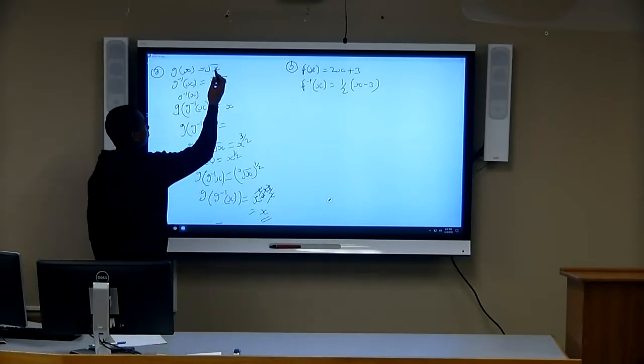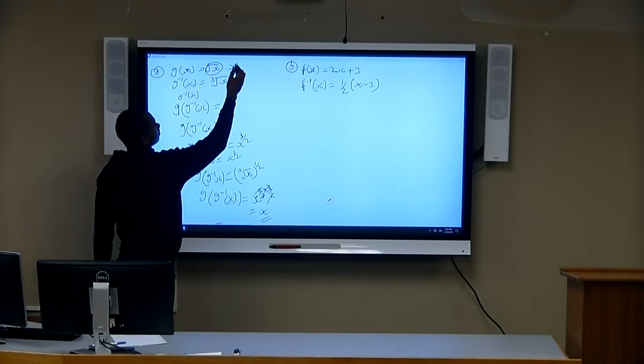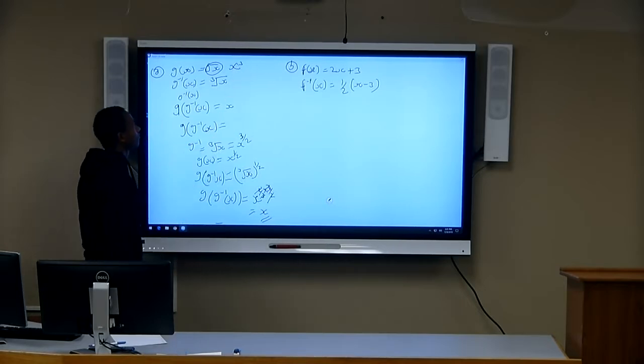Okay, I read out this thing wrong. It should not be the square root of x. It should be x cubed instead of the square root of x.